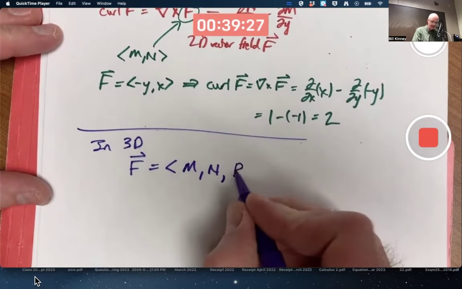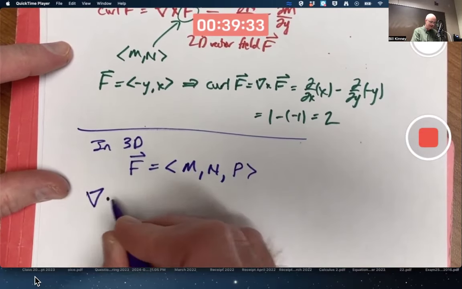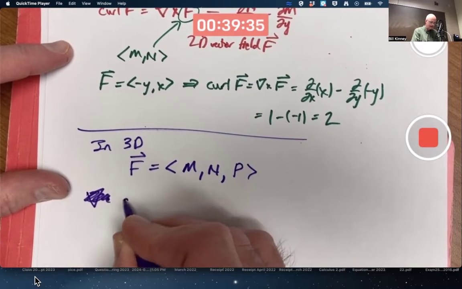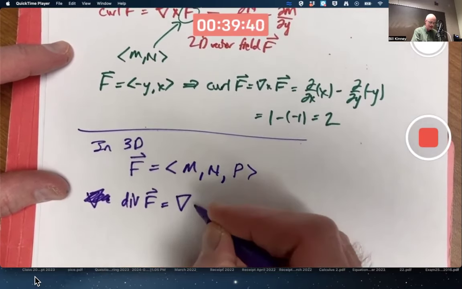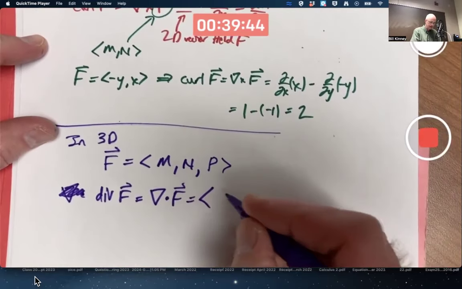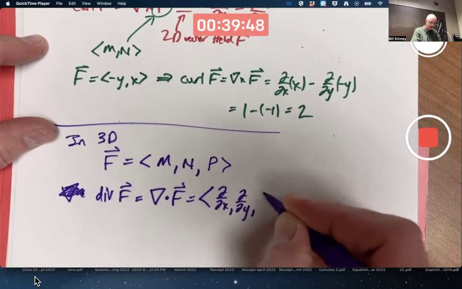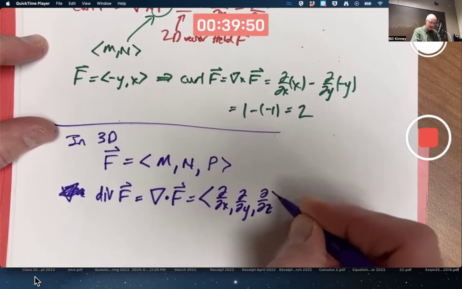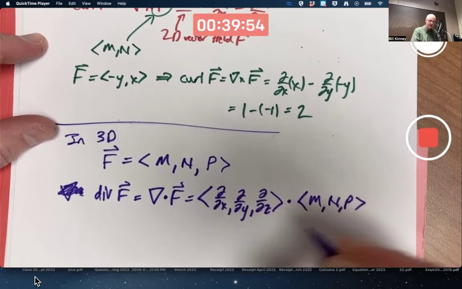So let's use P instead. The divergence of F, del dot F, now these are 3-dimensional vectors, a 3-dimensional derivative operator vector dotted with the vector M, N, P.